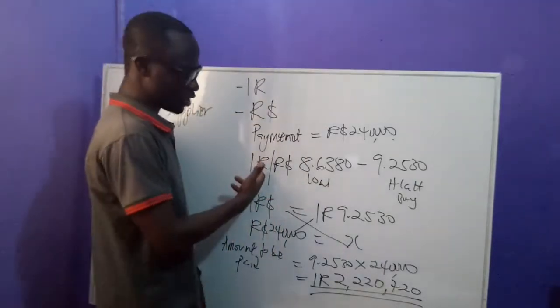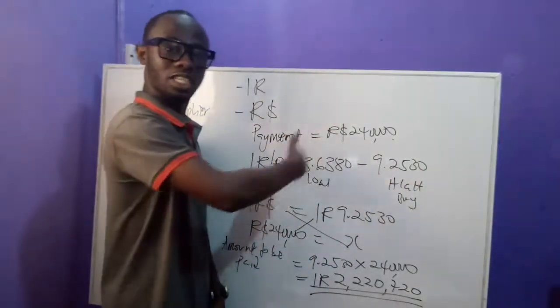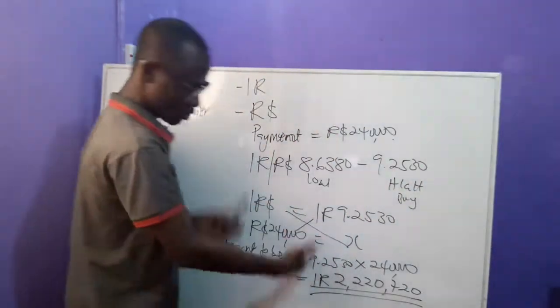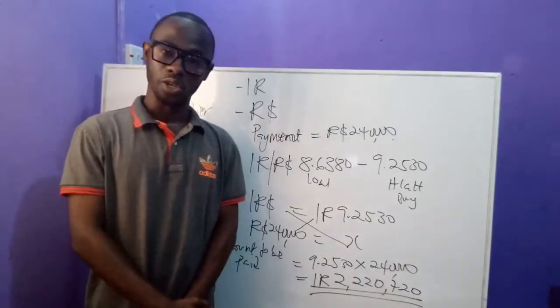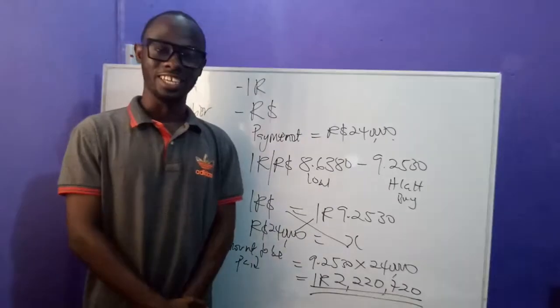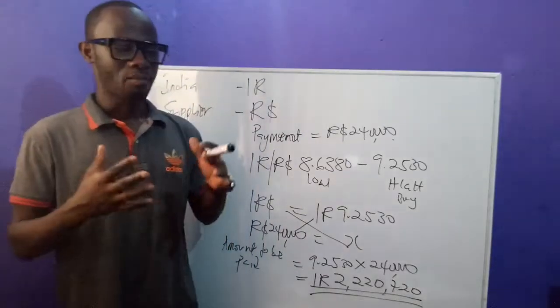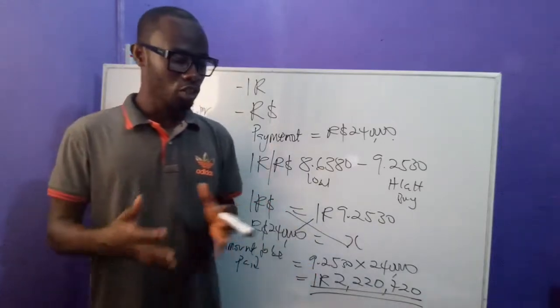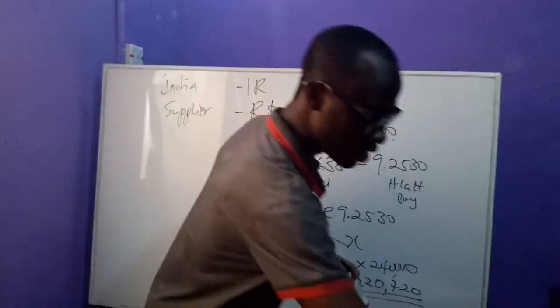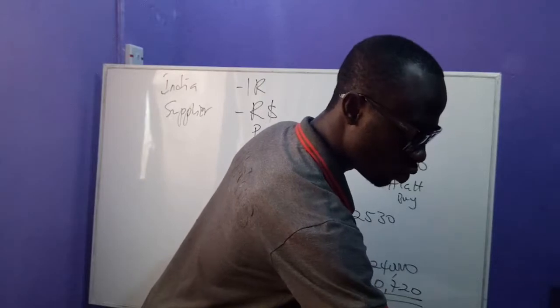So they've given us the rate at which they buy, the rate at which they sell. So we multiply, and then we get our answer to be 2,220,720 Indian rupee. I believe that these two examples have set the pace for you to be able to begin to have an understanding of what we are doing here.